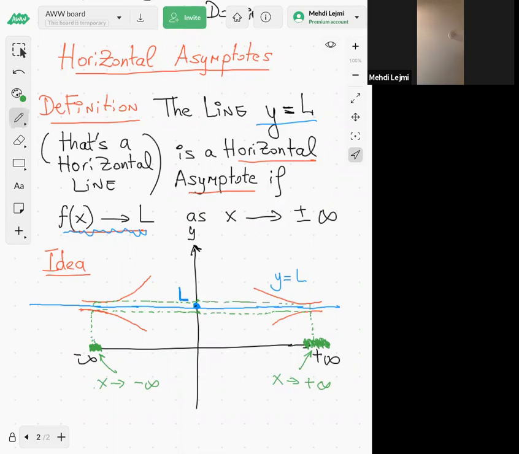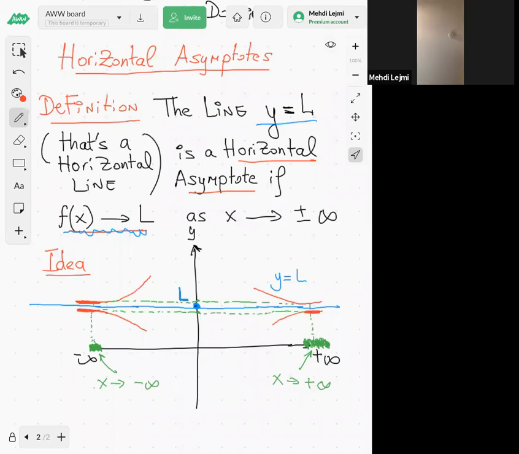And the same idea: it never touches the blue line. The graph never touches the blue line, the horizontal asymptote, but it's going to be as close as you want to the blue line.